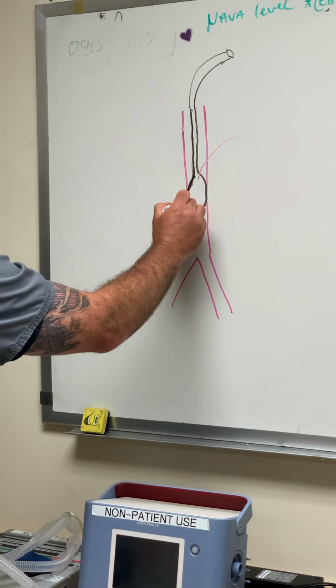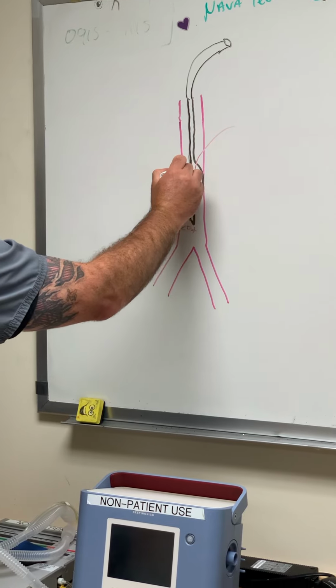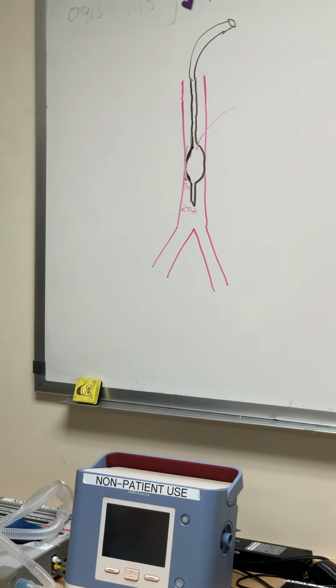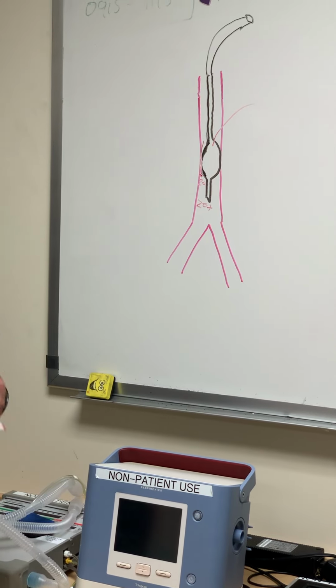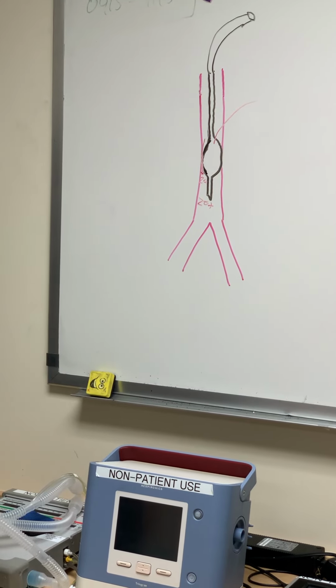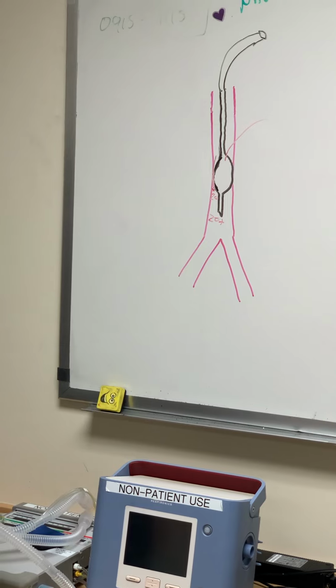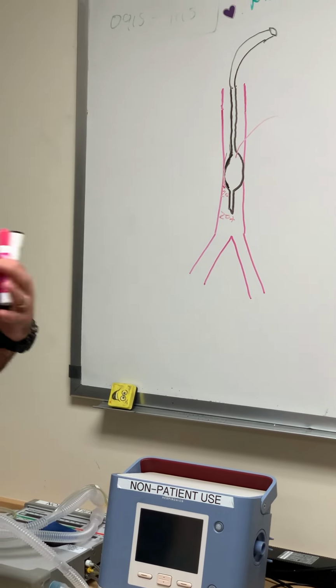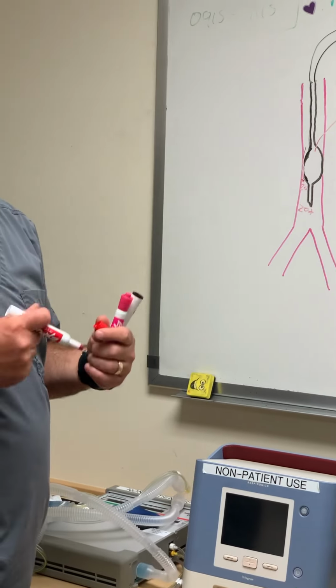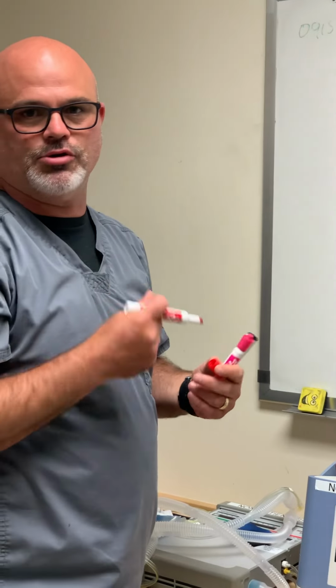So that means if the pressure it takes to push air through the gap between the cuff and the trachea is higher than 20, it's going to push through, and as it pushes through that cuff, it's going to create a sound, which is the leak that we're listening to over the anterior neck region.